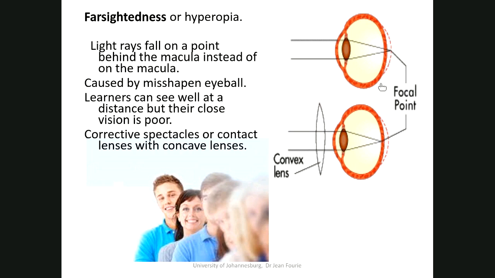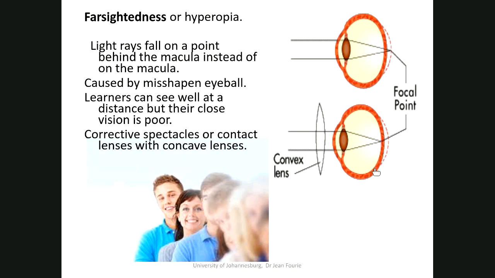To do that correction with glasses, to make the focal point come back onto the retina, a convex lens is used, so the lens has that shape, and those glasses will then make the light correctly focus onto the retina.